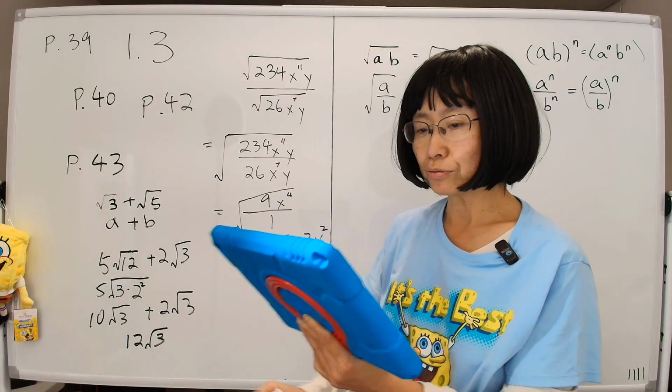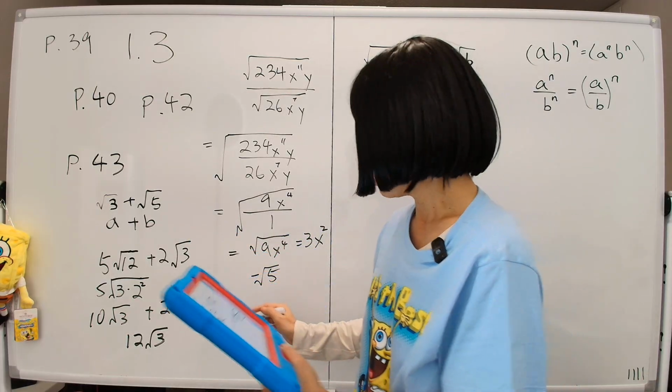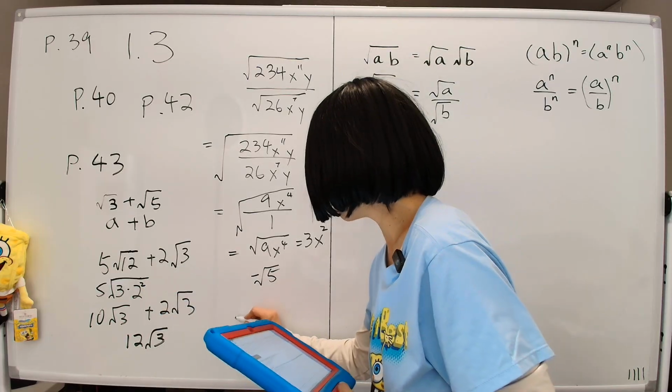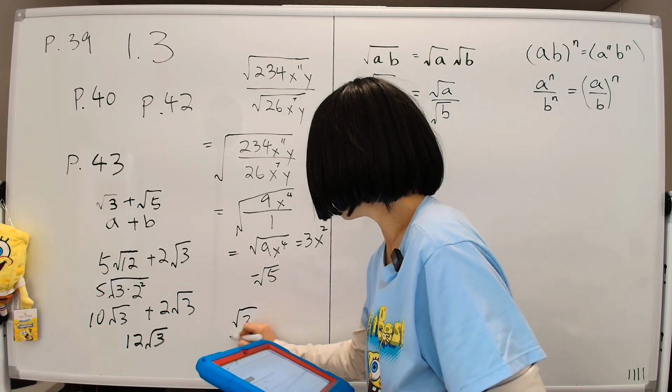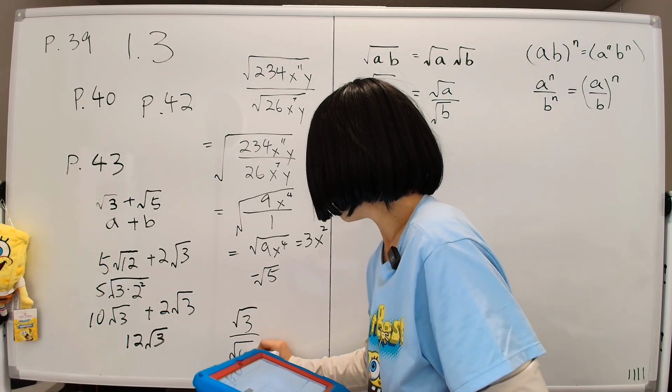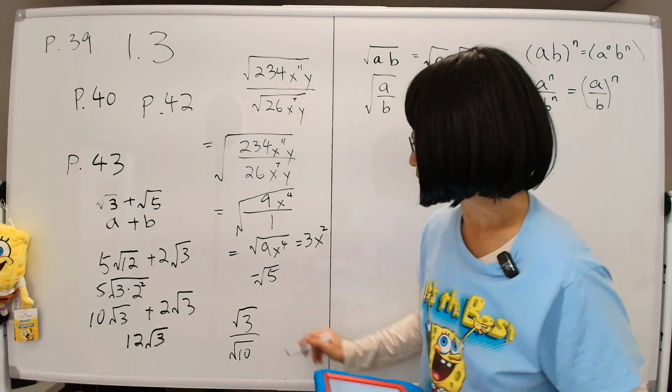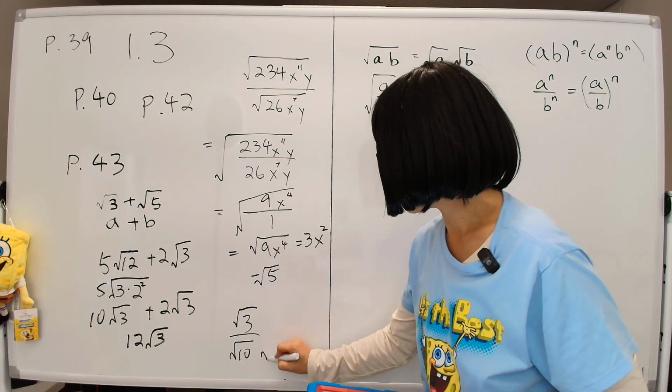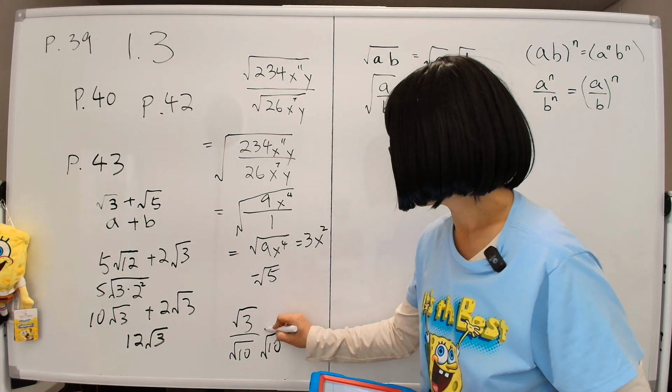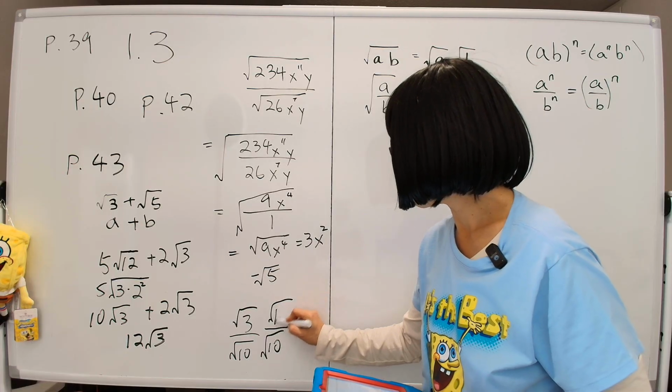Let's look at example 8. Let's say you have square root of 3 over square root of 10. How are we going to make the bottom square root go away? We are going to multiply by the square root of 10 on both top and bottom.